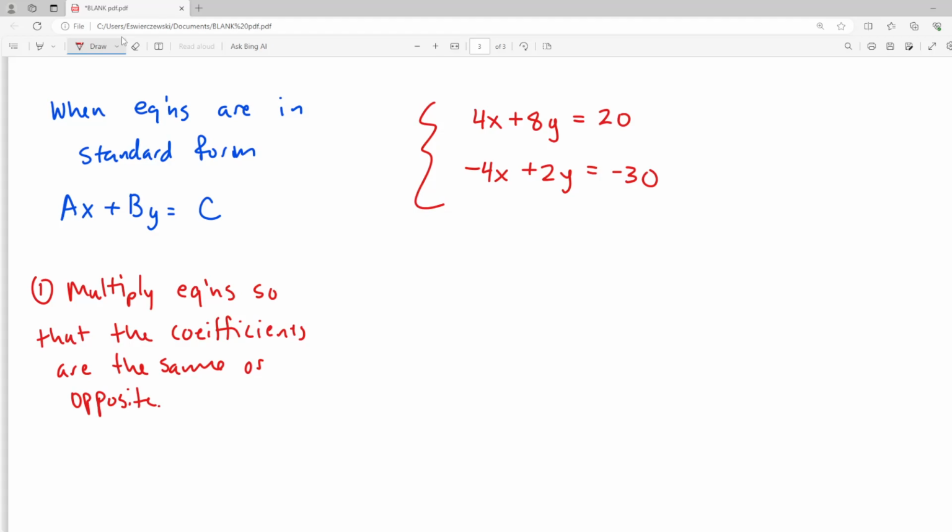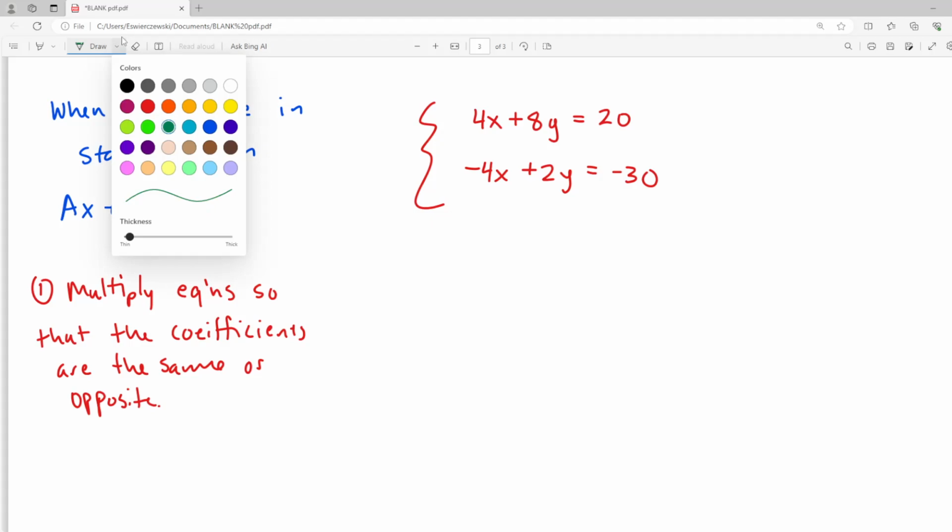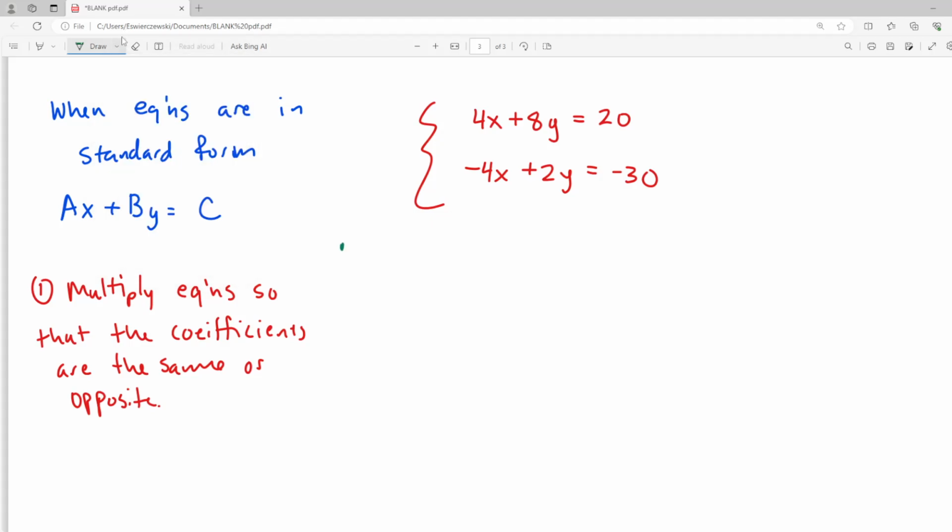What I mean by that is if we have a 4 as the coefficient in this first equation, I would either want the other equation to have a coefficient of 4 or the opposite, which is negative 4. In this first problem, that's already done for us, and we don't need to multiply the equations by anything. Because we have coefficients that are opposite of each other, we can add these equations.